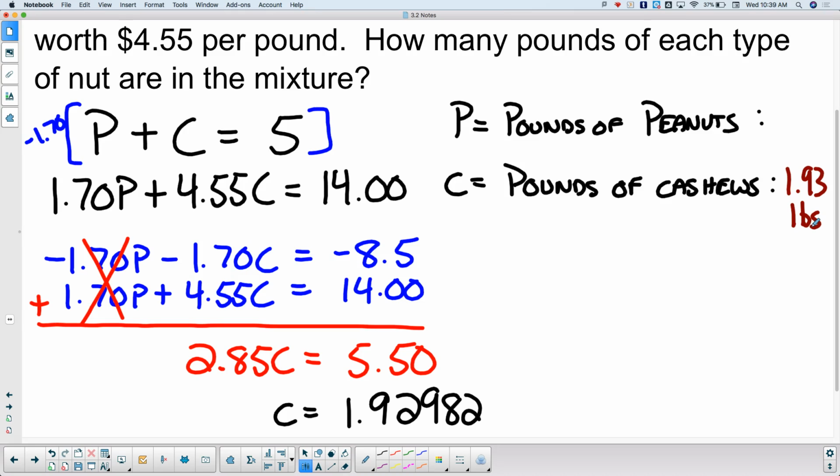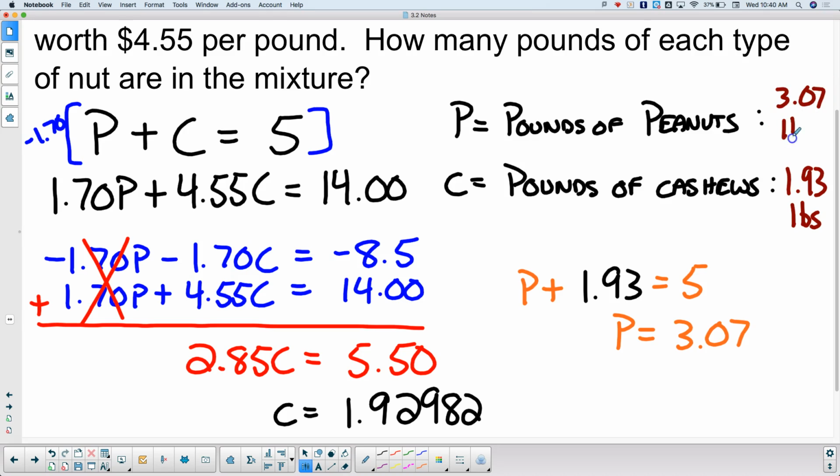Okay. If that's the case, then P plus 1.93 has to equal 5. So P has to equal 3.07 pounds. Agree?